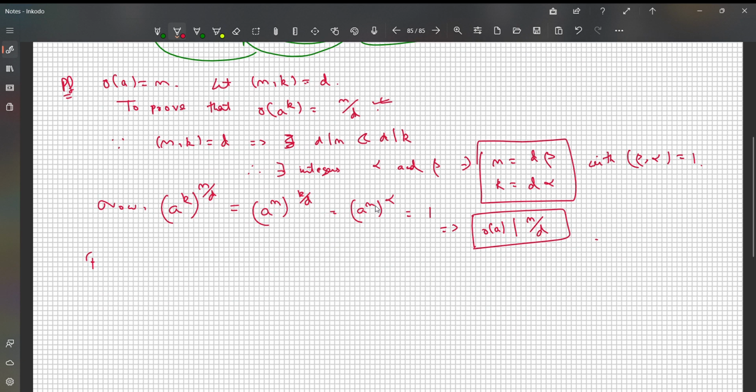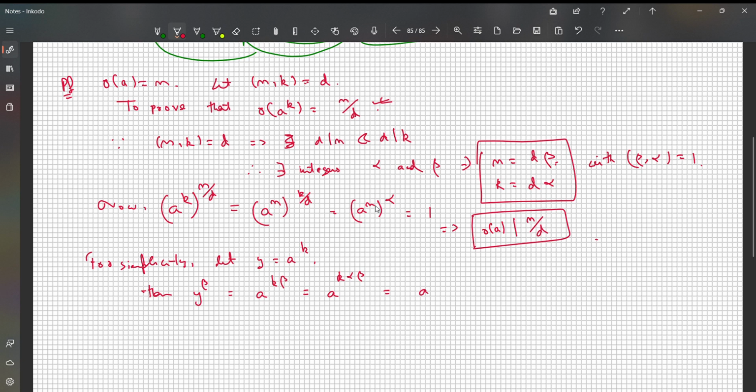Now for simplicity, let y be a to the power k. Then what is y to the power beta? Beta is this value. So y to the power beta can be written as a to the power k beta, right? Now k is basically d alpha, so this is a to the power d alpha beta.